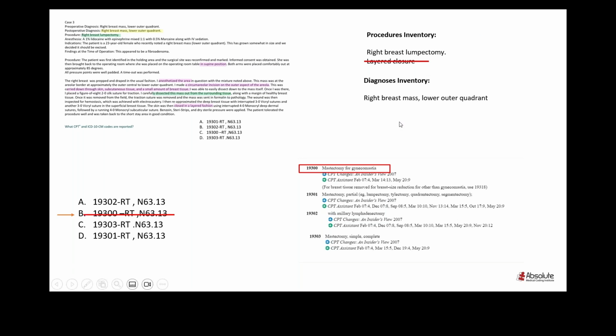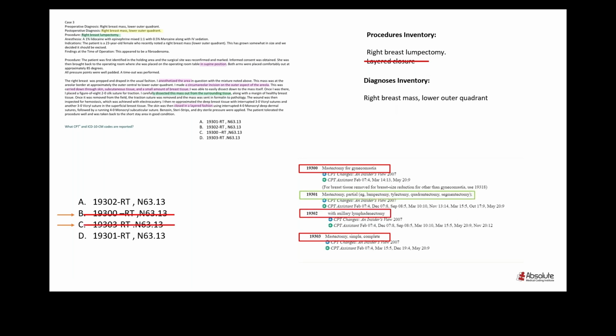So option B is incorrect. Option C, 19303, is incorrect because it is coding for a simple complete mastectomy. Mastectomy means a complete removal of the breast, nipple, etc. We didn't have a mastectomy performed. We only had a right breast lumpectomy performed. That's the reason why option C is incorrect.